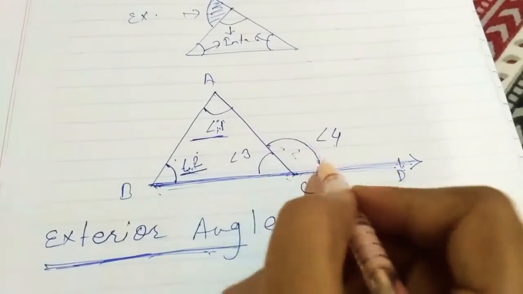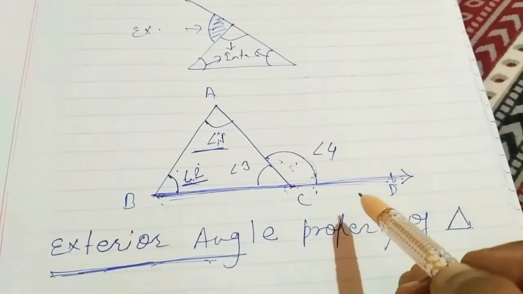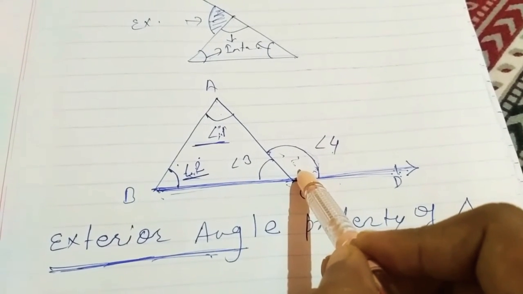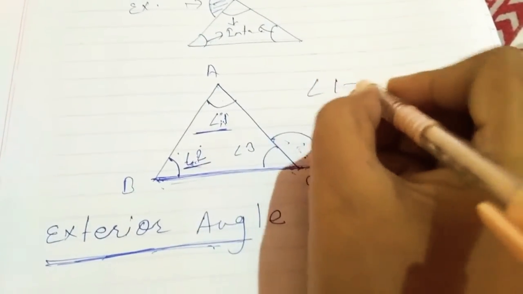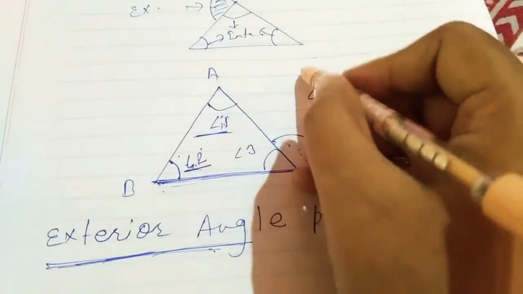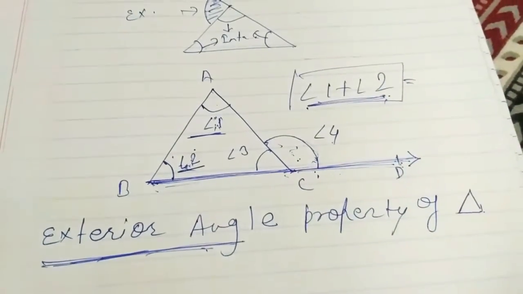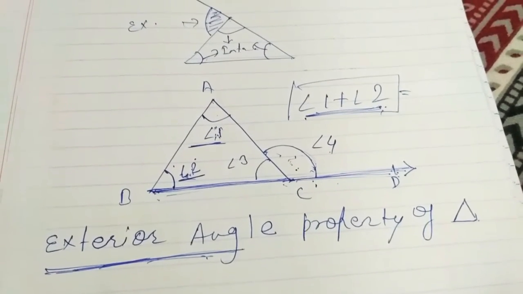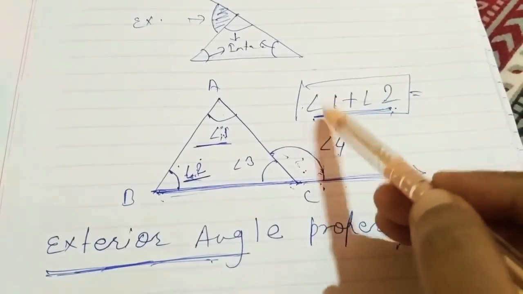Okay, so that's why you can say like this, that the exterior angle of a triangle is equal to the sum of, that means angle 1 plus angle 2, and these both angles are known as interior opposite angles. Okay, these both angles are interior opposite angles.